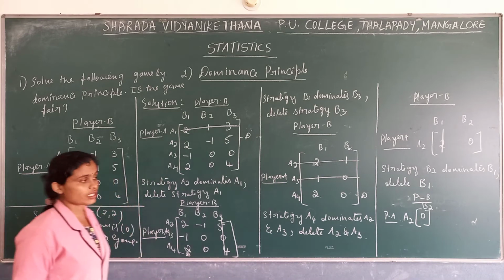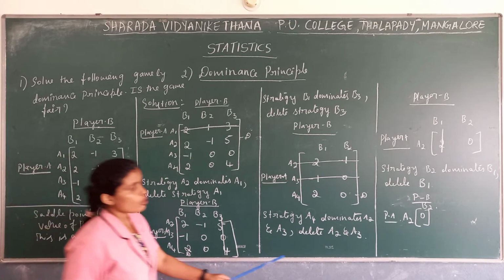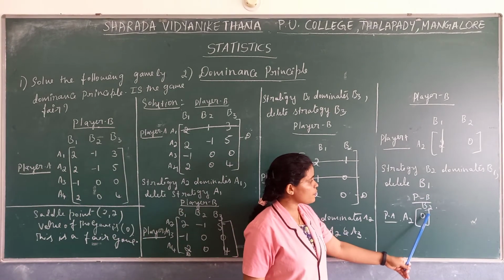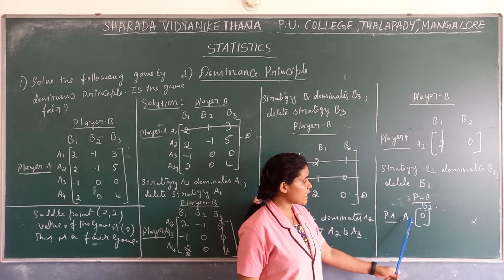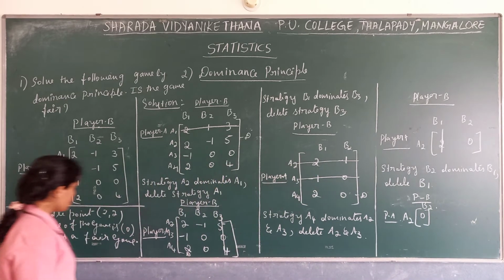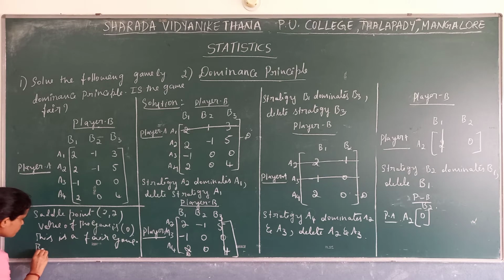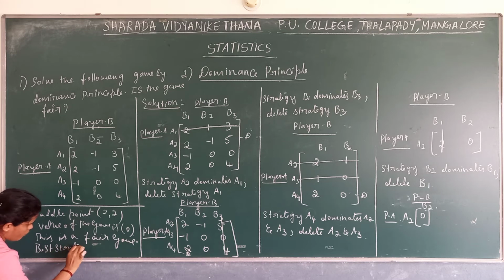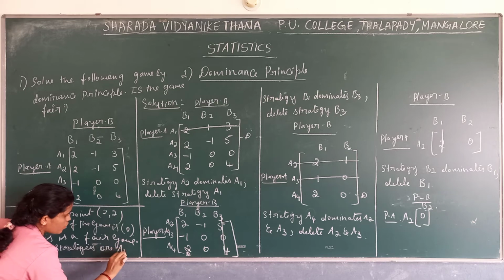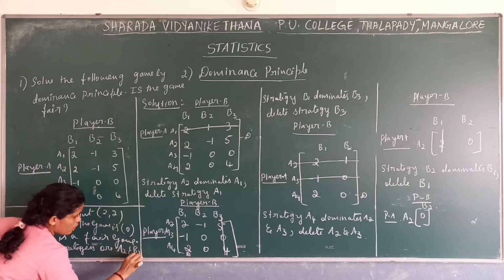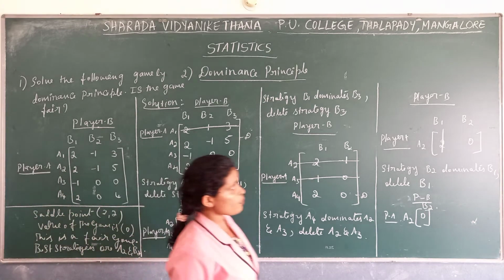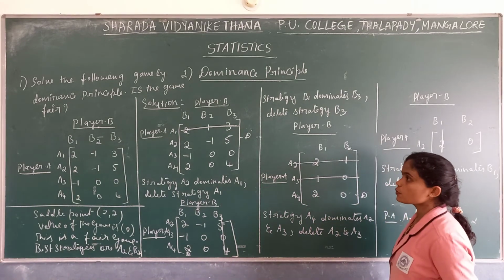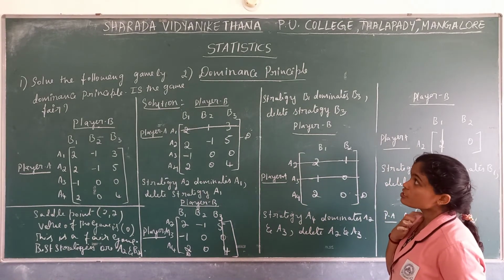Now, the best strategies for player B is B2, player A is A2. So, this is about the first problem under dominance principle.